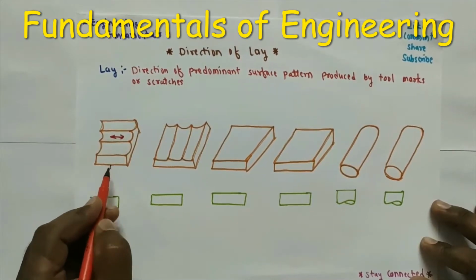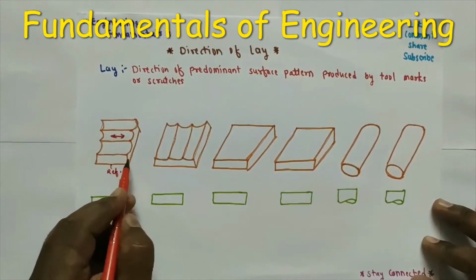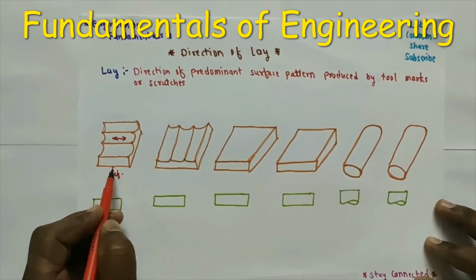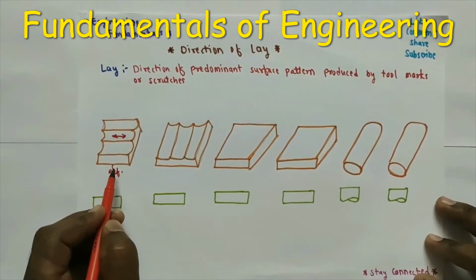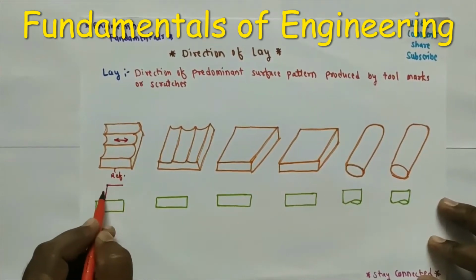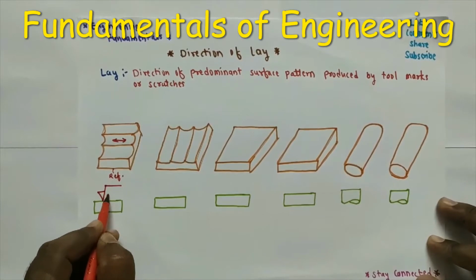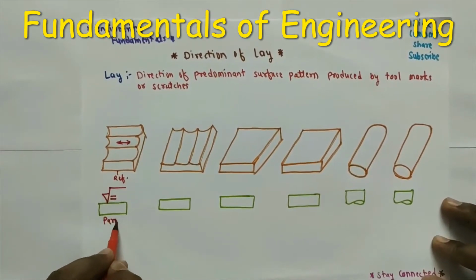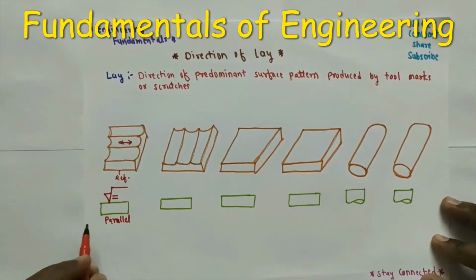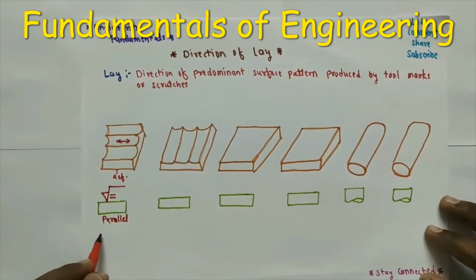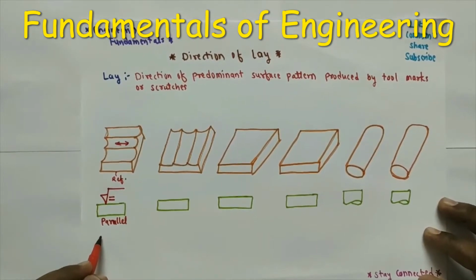This is the reference or nominal surface, and the lay is parallel to this reference surface, representing the surface to which the symbol is applied. In symbolic form we can write it like this: lay parallel.